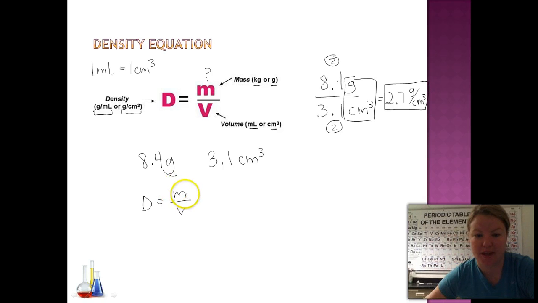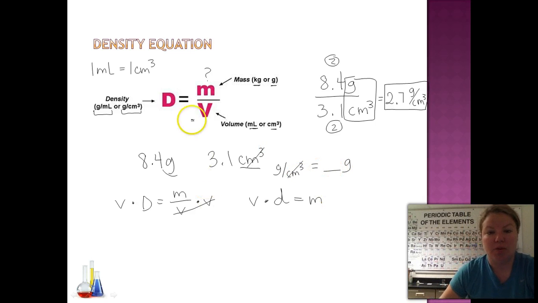If we wanted to solve for mass, since volume is on the bottom, we'd want to multiply volume out by both sides. These two would cancel, and we'd have volume times density is equal to mass. So then you would be able to take centimeters cubed multiplied by a number that had grams per centimeter cubed, and then your answer would be in grams, because the centimeters cubed would actually cancel out.